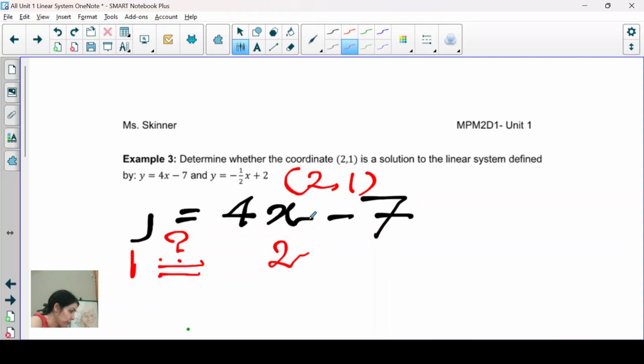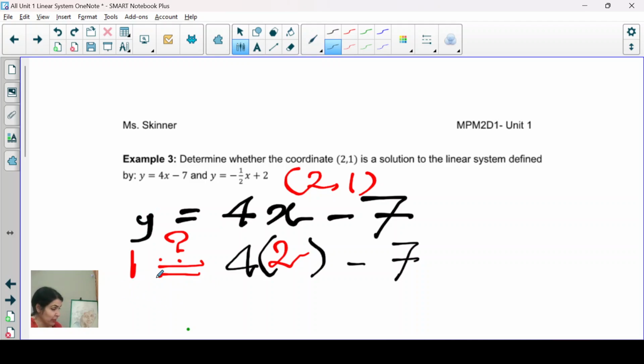Then write the rest: 2 times 4, we need to put this in brackets, minus 7. I want to see whether this works.